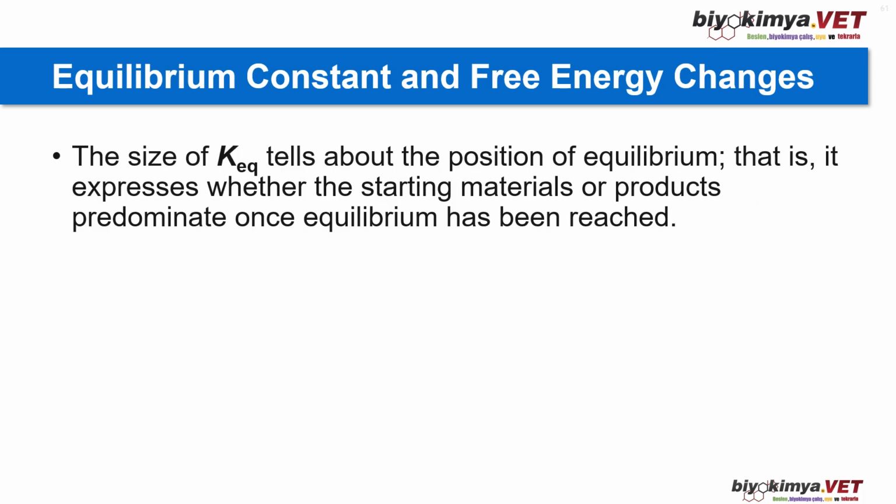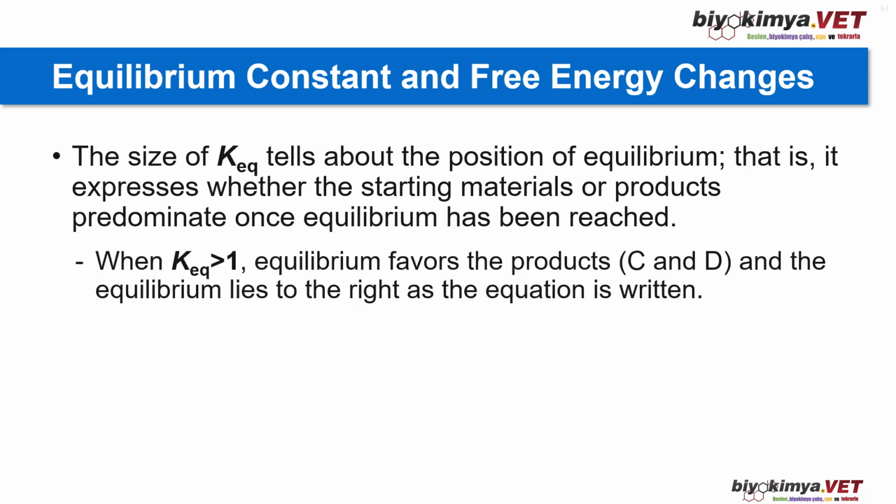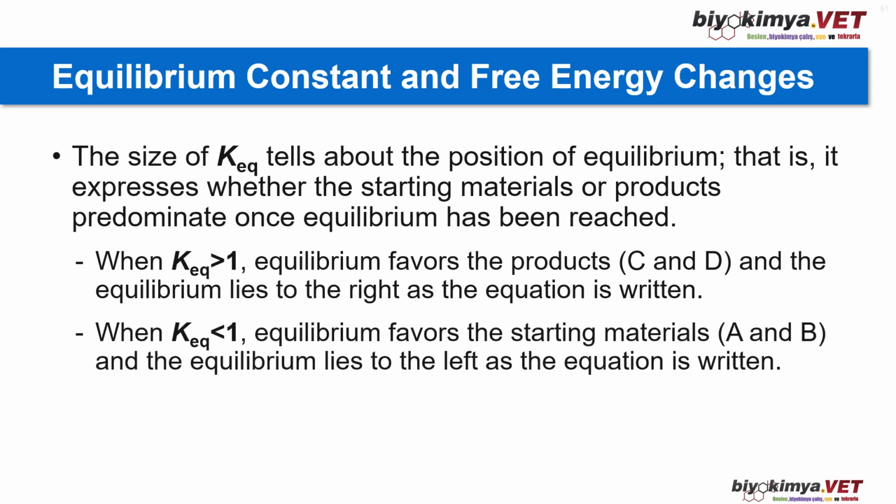And the size of the equilibrium constant tells about the position of equilibrium. That is, it expresses whether the starting materials or products predominate once equilibrium has been reached. When the equilibrium constant is greater than 1, equilibrium favors the products C and D, and the equilibrium lies to the right as the equation is written.